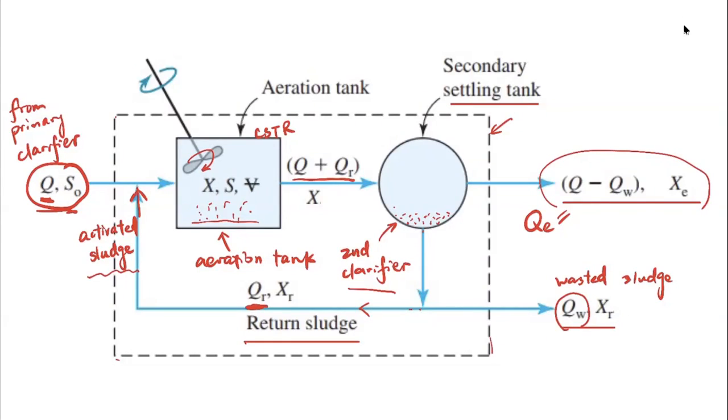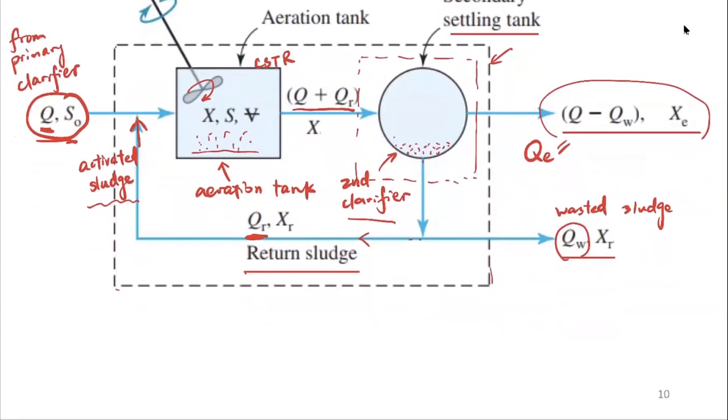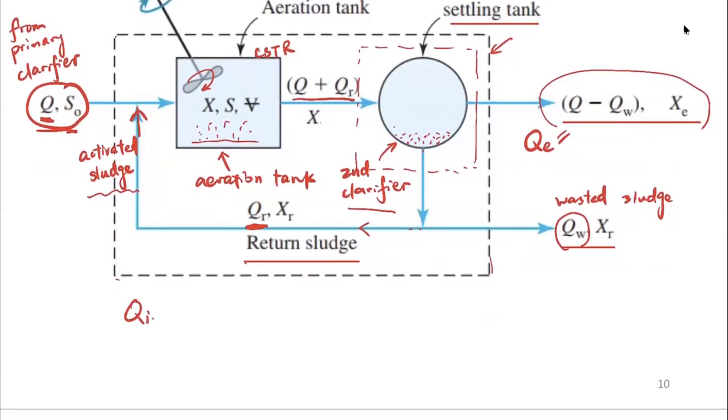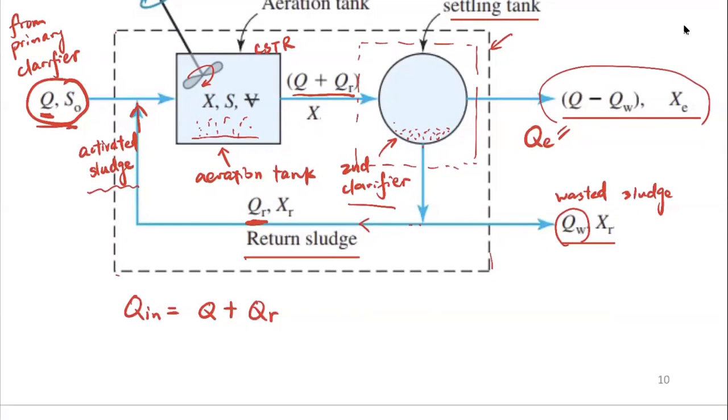And then at the same time, if we set up a control volume to just look at the inflow and outflow of this secondary clarifier, you can see that the inflow is going to be equal to Q plus QR. And for the outflow, you have the QE, the Q waste, and the Q return. So here you have this flow coming out to the effluent, which is the treated water.